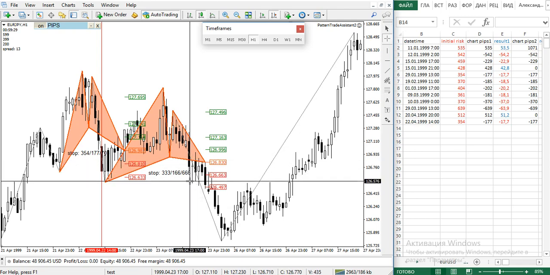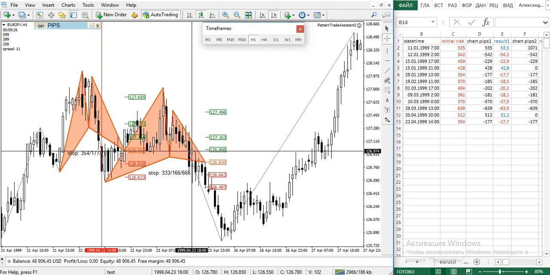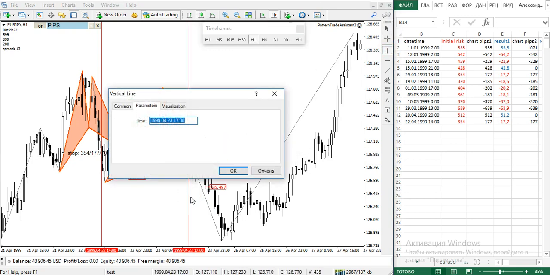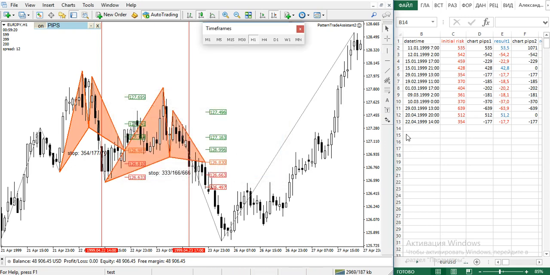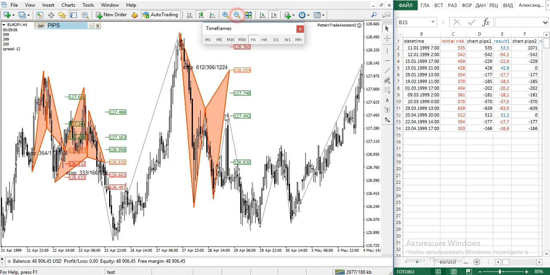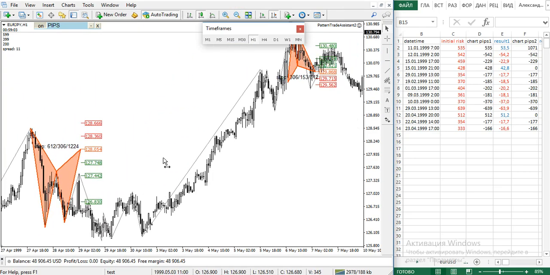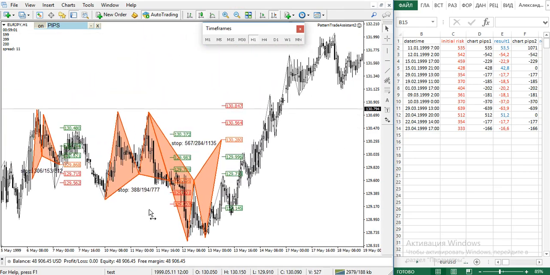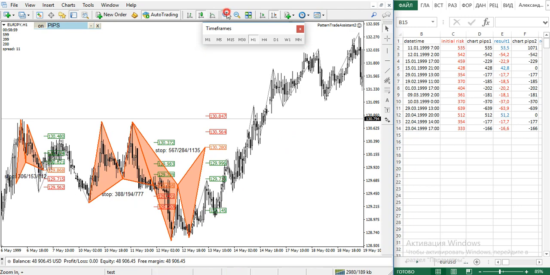Okay, then we move lower, move higher, and this one was a stop loss. 33.3, and we have minus 16.6, we have minus 16.6. Let us go further. This one is an obvious stop loss.